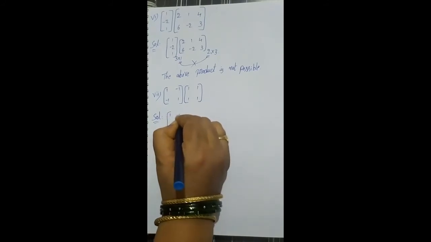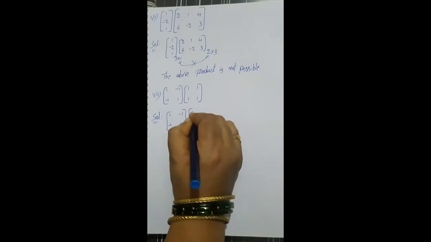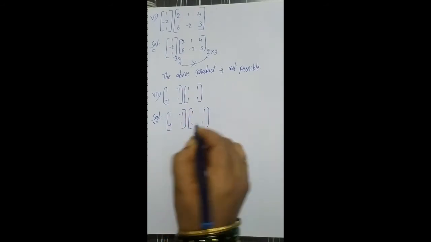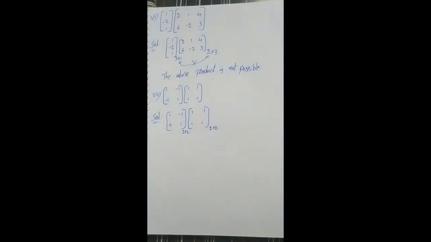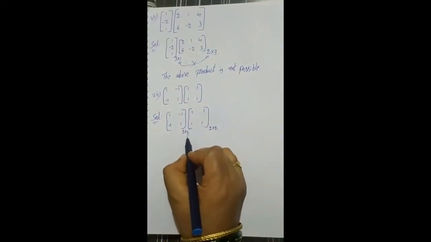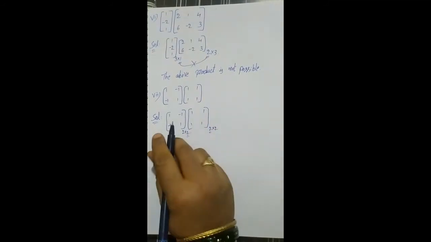First write down the given matrices. The order is 2 by 2 and 2 by 2. Then the number of columns of a first matrix and the number of rows of a second matrix are equal, so the product is possible.